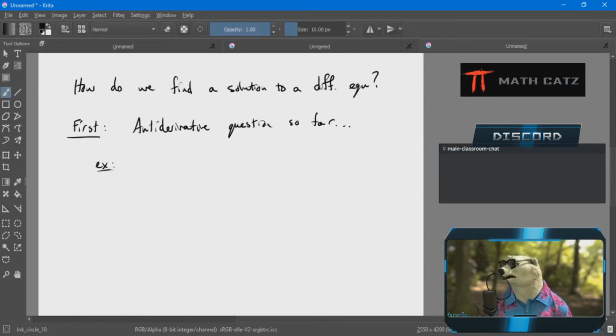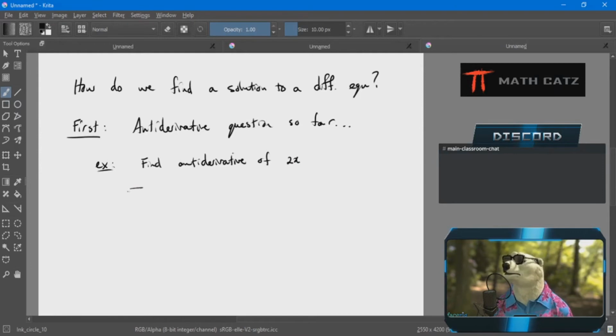For example, I could have said, I'm thinking of a function, let's say here, find the antiderivative of, let's keep it super simple, of 2x. What does that mean?